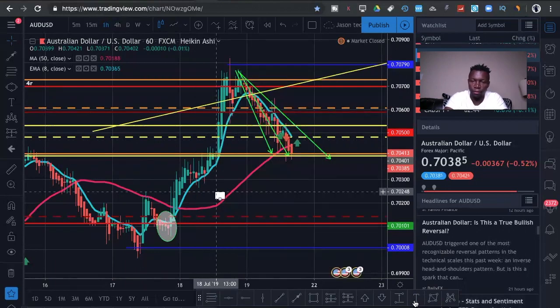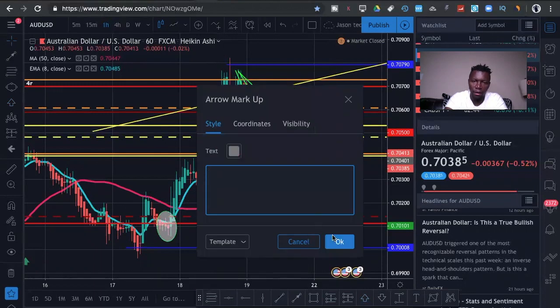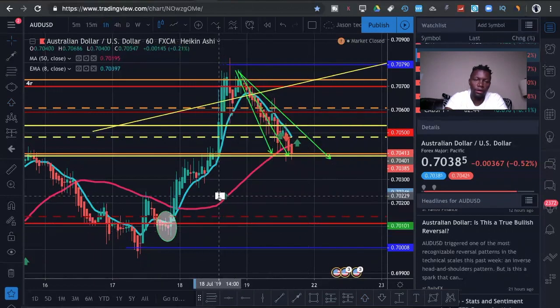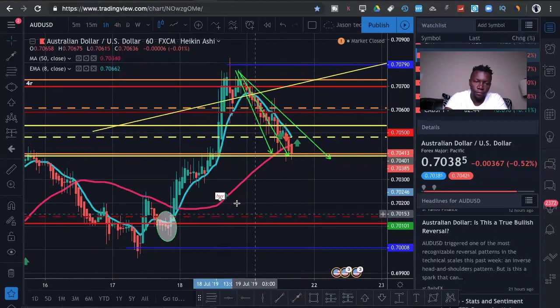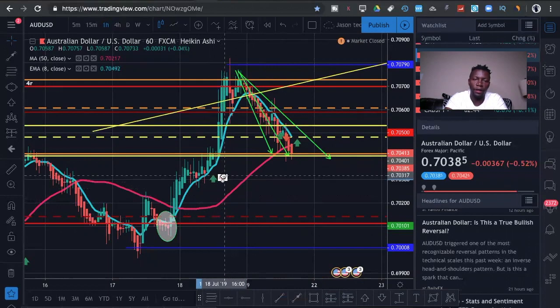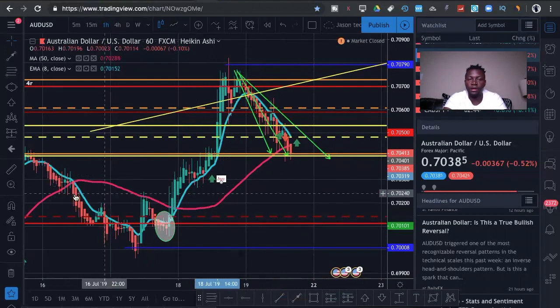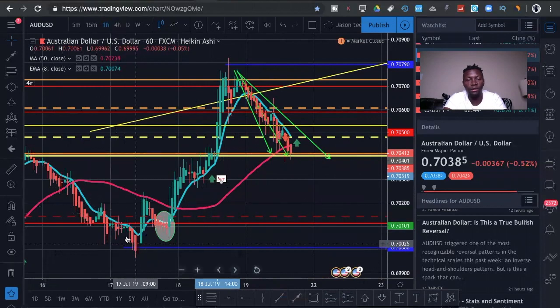I'm going to put another thing beside it. Let me go in here and change that to red. All right. This is on the buy once you see this above the moving average of 50. Now, once it goes below, it's a sell. As you can see right here, it's below the moving average.